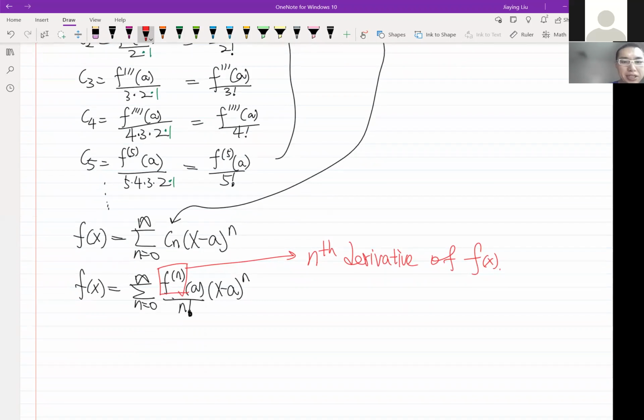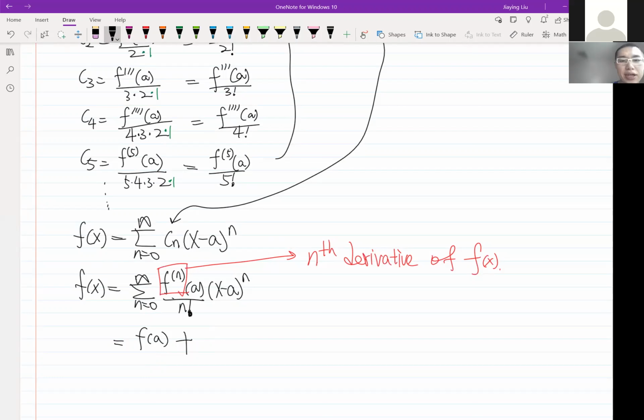And if I expand this now with n, when n equals 0, I get the 0th derivative, just f of a, divided by 0 factorial, which is 1, times x minus a to the 0, which is also 1. So we get f of a. That's the first term, the C0.